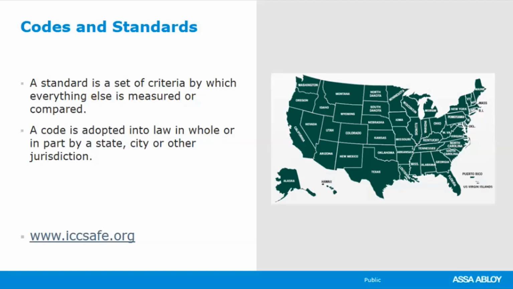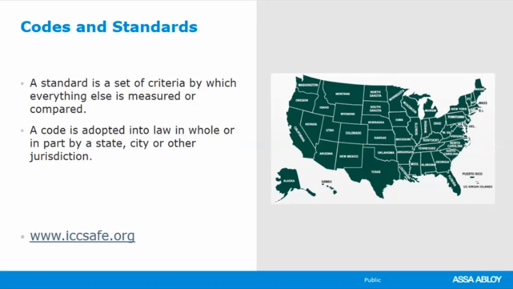The building code is updated on a 3-year cycle. But until that specific edition of the code is adopted into law, either in whole or in part by your state, city, or other jurisdiction, it isn't in effect. So for example, the 2021 version of the IBC has been out for a little over a year now, and only one state, to my knowledge, has adopted it to this point.